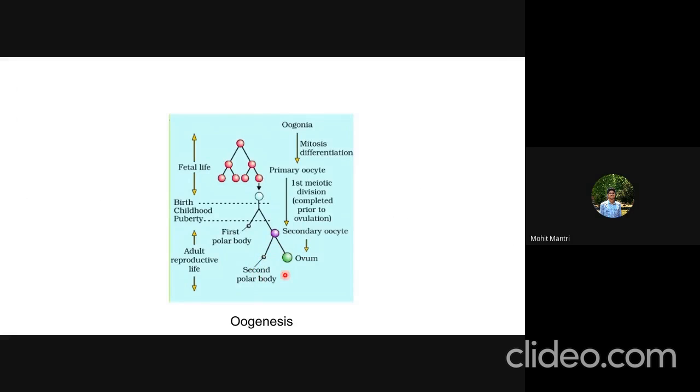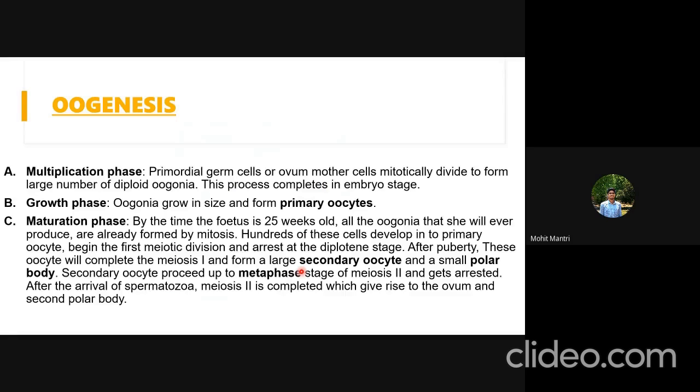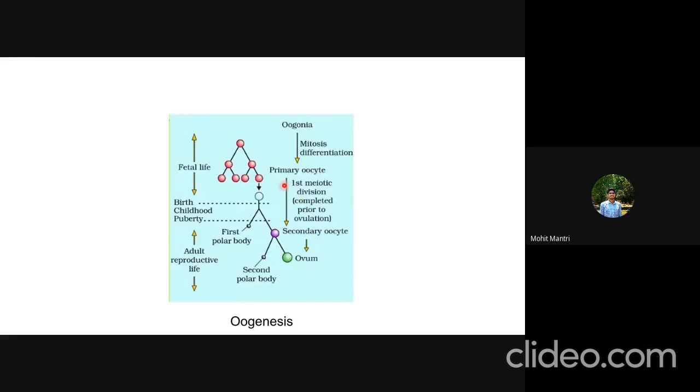Now this haploid ovum can fertilize with the sperm to form the zygote. So this is how oogenesis takes place, and in this case one meiotic division of the primary oocyte leads to the formation of only one ovum, which is the gamete. The polar bodies formed are not necessary for gamete function. So from one meiosis, only one gamete is formed.